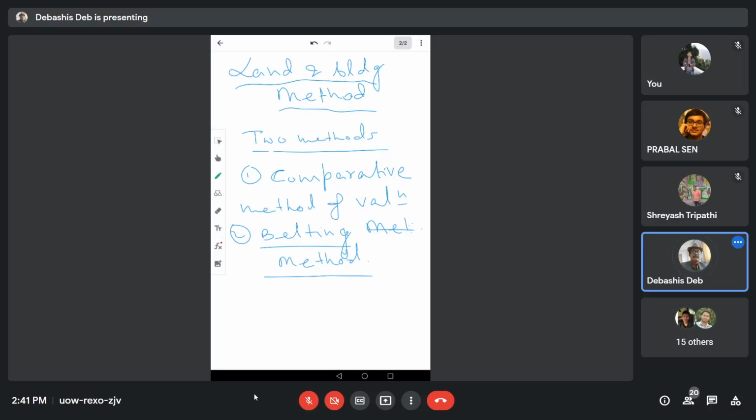But consider the case of Andaman and Nicobar, it is an island, so there is no particular choice for south facing; everywhere is the Bay of Bengal. Again, a building located at the junction of two roads has a higher valuation than a separate building in the same area facing only one road. Those will be studied under the comparative method of valuation.